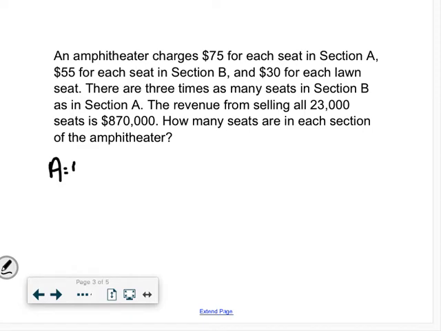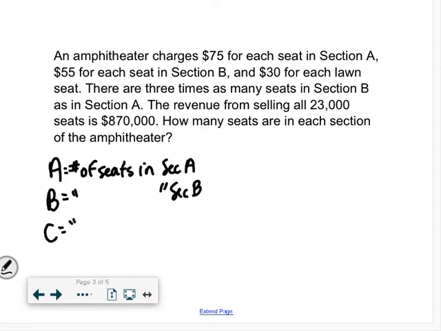A will represent the number of seats in section A. B will be the number of seats in section B. My quotes just mean copy and paste. And C equals the number of seats in section B. I mean C.